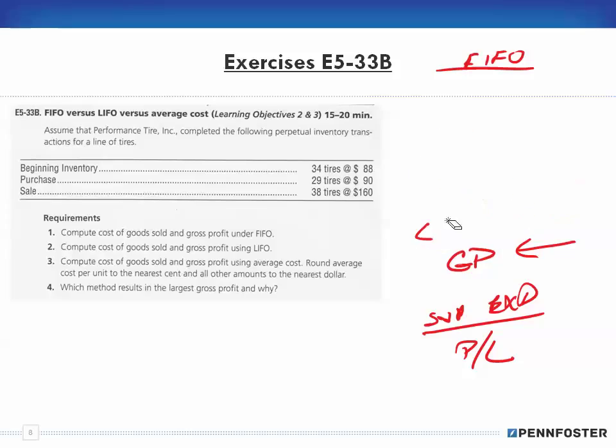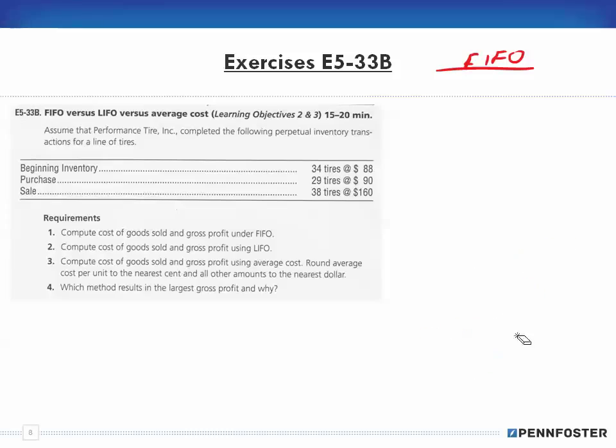So it's telling us that for our sales, we're selling 38 tires at 160, which gives us 6,080. Now, to take out our cost of goods sold, remember, we're subtracting cost of goods sold.